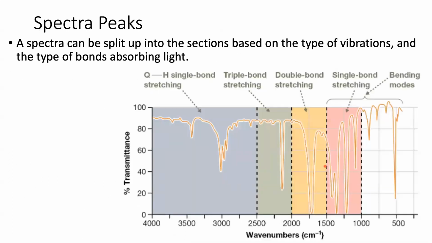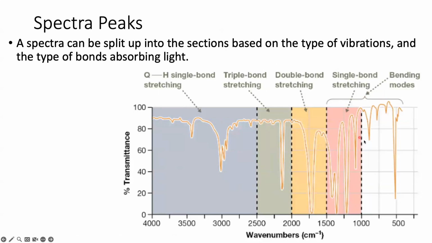So what we're going to do is take our big spectra, which goes all the way from 0 to 4,000 inverse centimeters. This is our IR region, and we're going to split it up based on the major types of vibrations and what types of bonds are being vibrated at that point. We're mostly going to be focusing on bond stretches, so that's the region above 1,000.